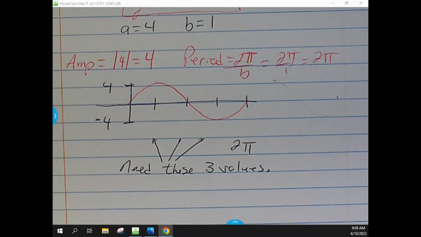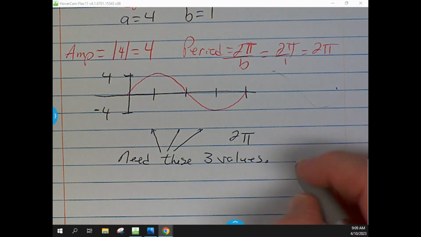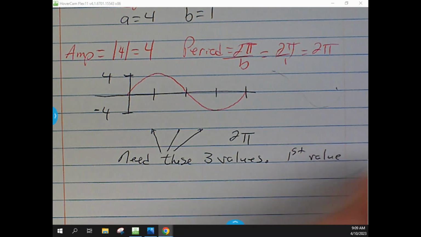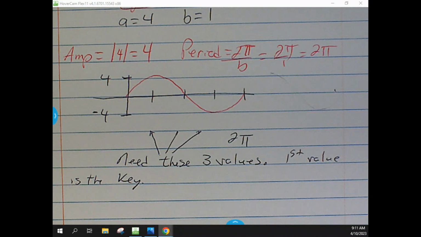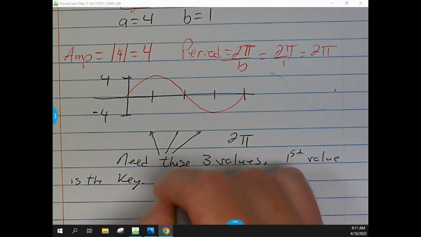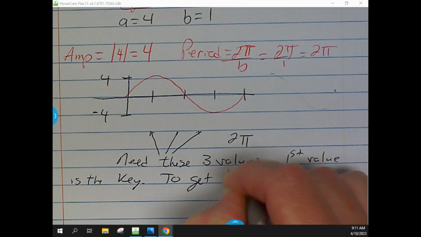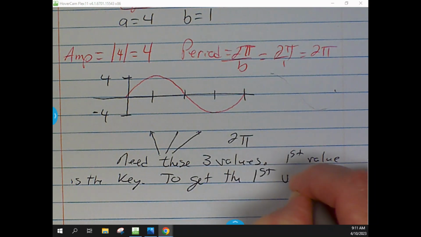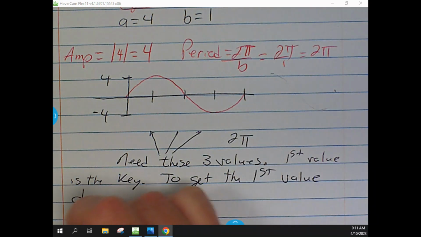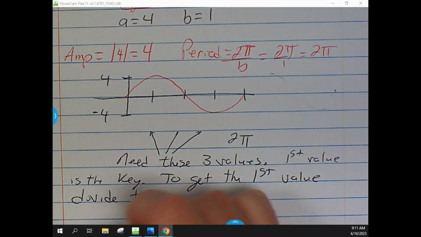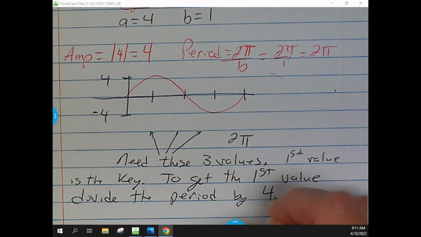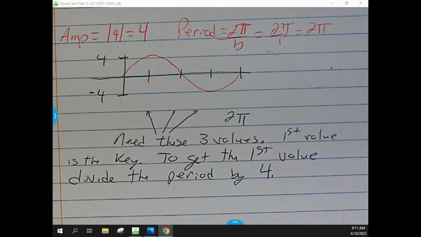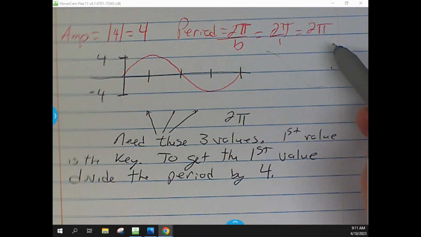And to get these next 3 points to fill this thing back in, the first value is the key. To get the first value, you just take that period value, which in this case would be 2 pi, and divide it by 4.